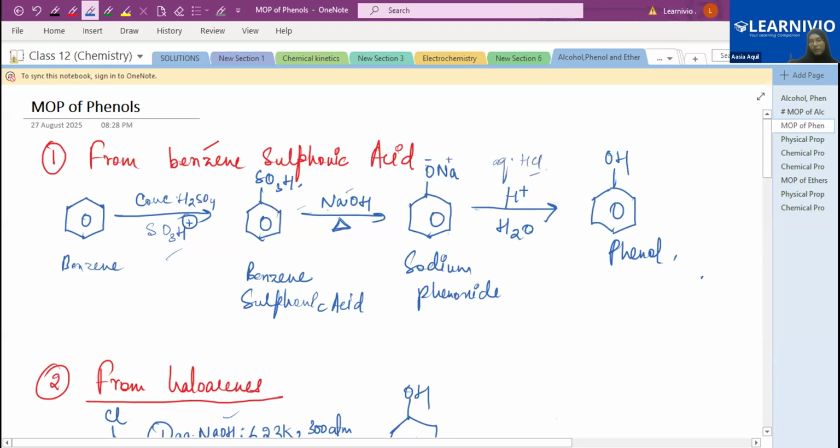The sodium will make a bond with chlorine, and NaCl will be formed and removed; the hydrogen will come and make a bond with the oxygen, and you will get this phenol. So that's how we can prepare phenol from benzene sulfonic acid. Is it clear?